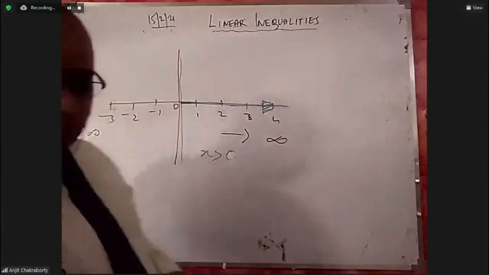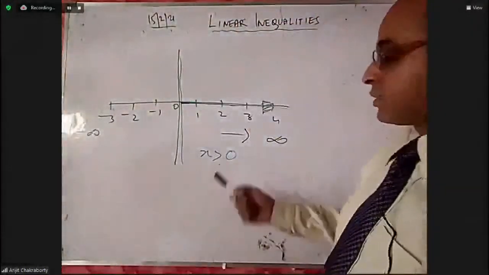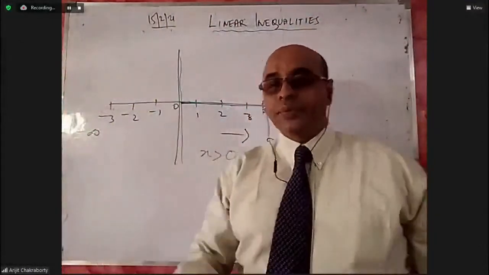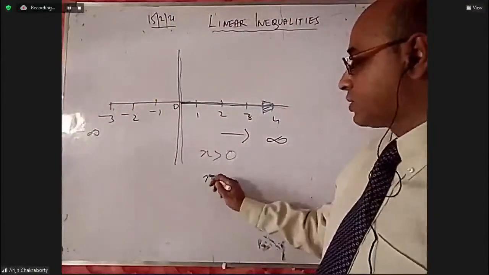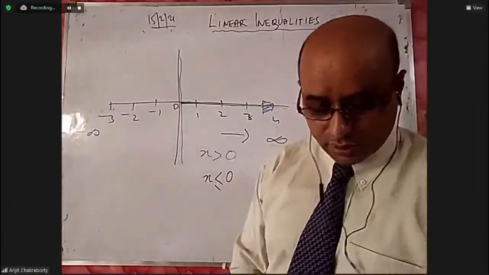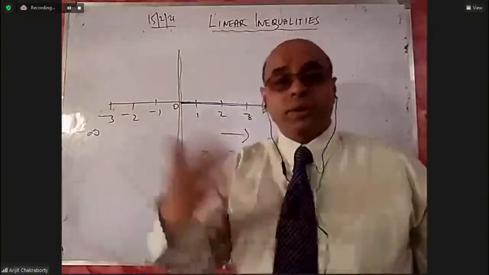Now, this is an inequation. X is greater than 0 is an inequation. It is not an equation. Okay. So if I write x is less than or equal to 0, here it is either less than 0 or equal to 0.